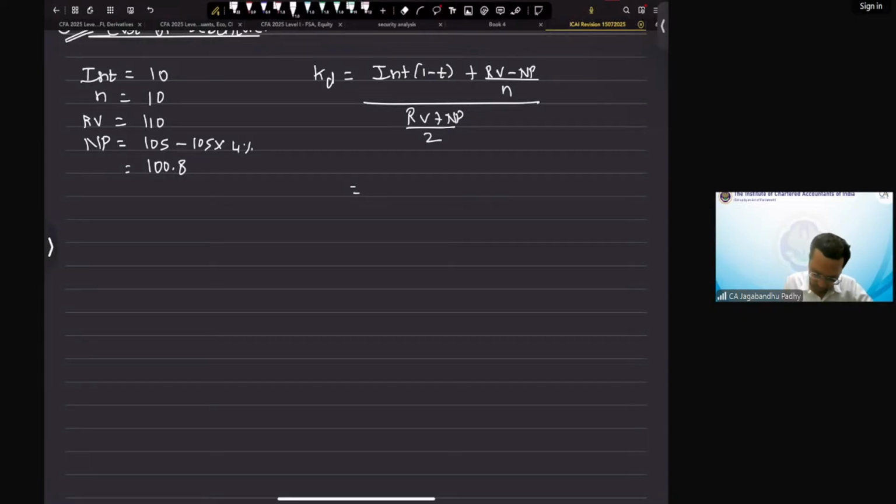We just substitute over here. Interest is 10 into 1 minus tax rate 0.25, plus the redemption value 110 minus 100.8 divided by 10. Then the whole thing is divided by 110 plus 100.8 divided by 2.